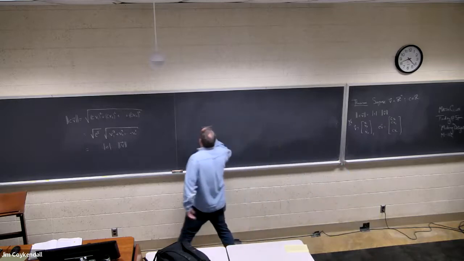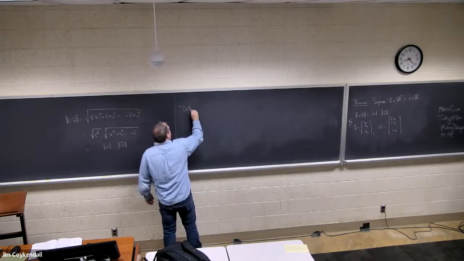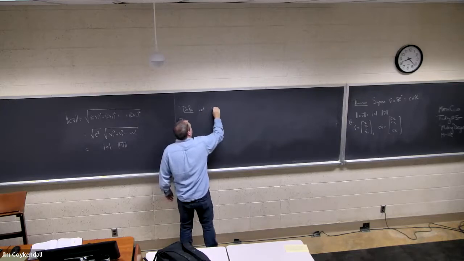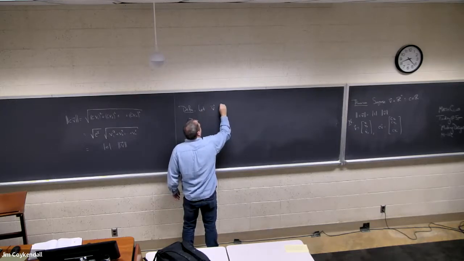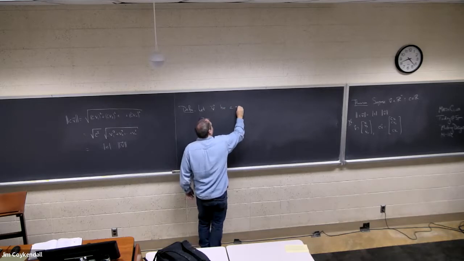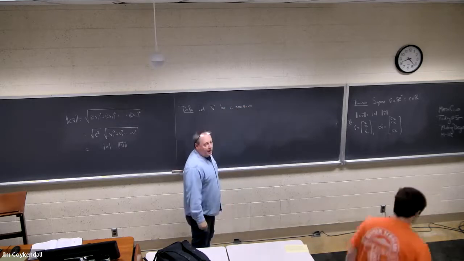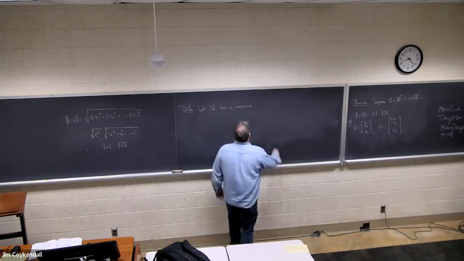So, definition. Let V be a non-zero vector. And you'll see in a moment why we demand it is non-zero.